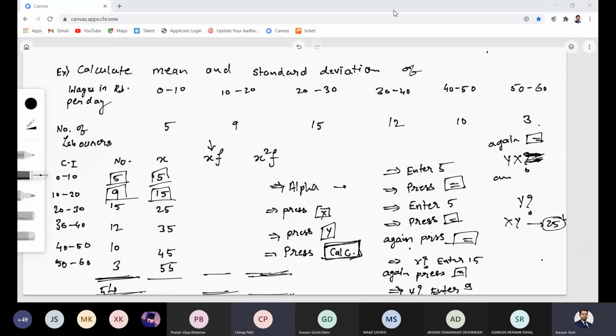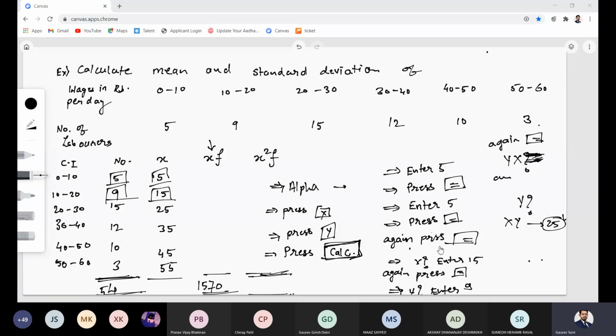We don't need summation x. Summation xf is something that we need. Xavier, so 1570. Harshit, 1570 is summation xf.